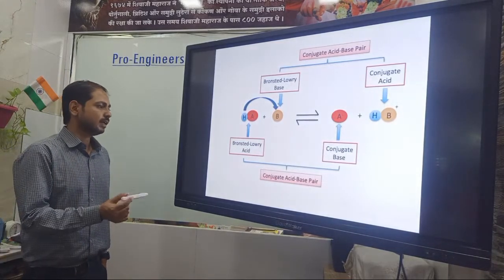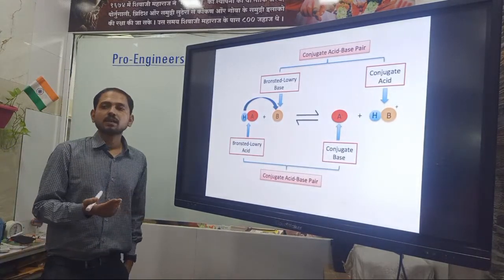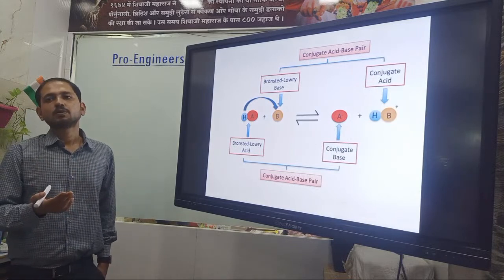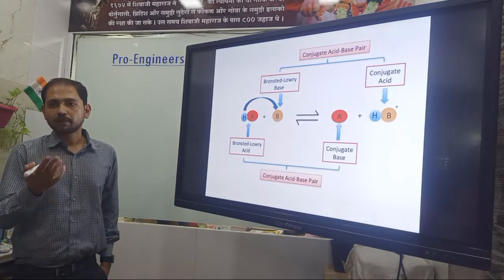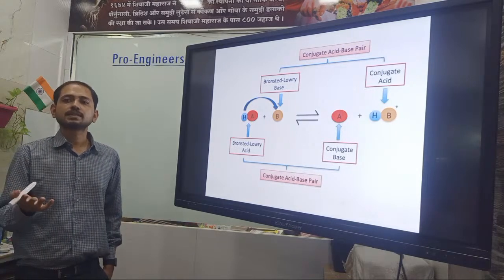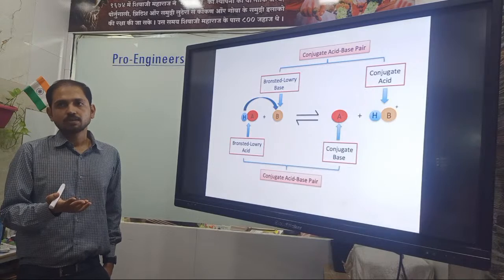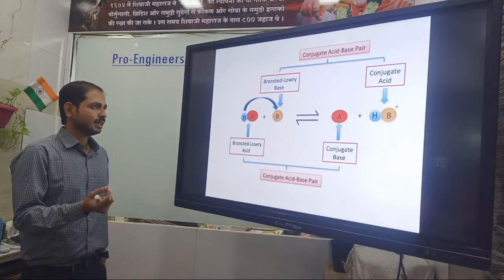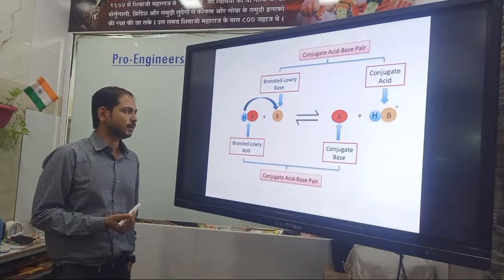This theory actually helps us to understand and compare which acid is a stronger acid and which acid is a weaker acid. So let's try to understand with a very simple example.